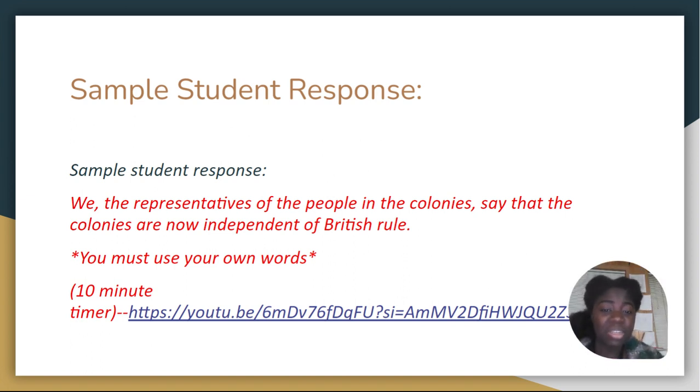We, the representatives of, you could say the American colonies, right? The American colonies, you can say the 13 colonies. You can go into more specifics. Are now, want to be now independent of British rule. This example that they gave in the book actually didn't even include anything about their appeal to God. You can mention that.